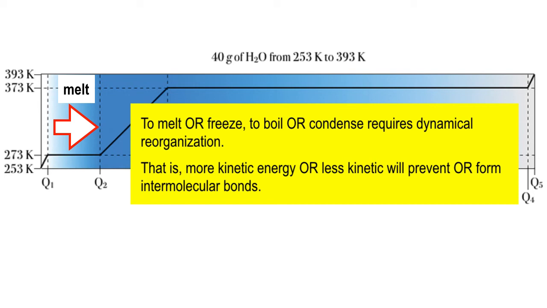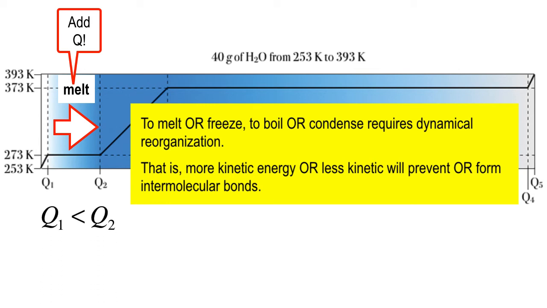All right, but right here, this horizontal segment, Q1 to Q2, if you're going left to right, represents melting, and you're adding energy in the form of sunlight or electrical energy or a burner on your stove, something like that.